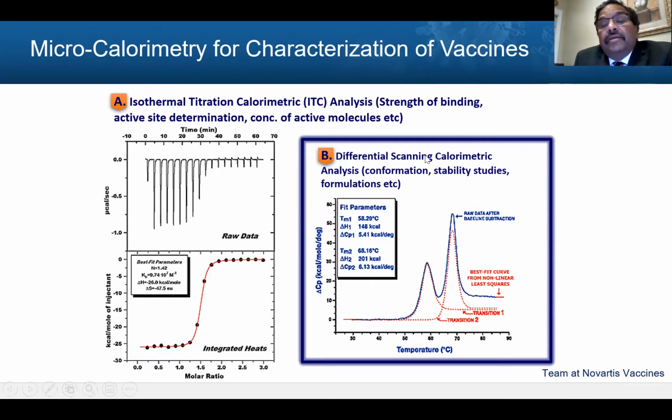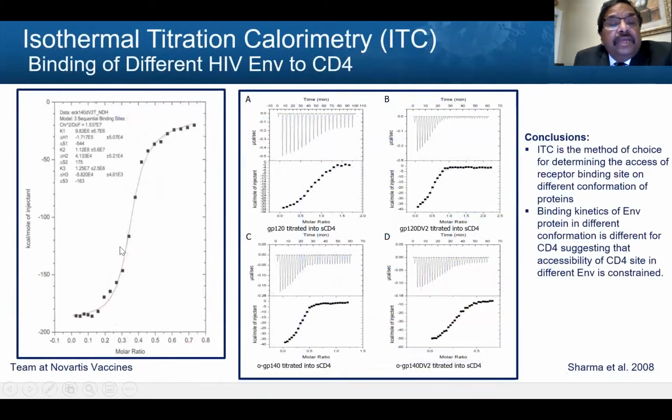Differential scanning calorimetry provides an idea about the thermal stability or unfolding of the protein. Here is the example in the left-hand panel: in case of HIV envelope protein, which is a trimer, all the three binding sites for the CD4 are open in the trimer.